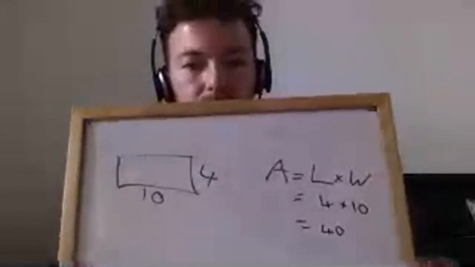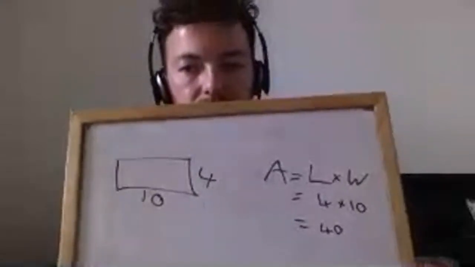So you go. Area equals length times the width, which is in this case 4 times 10, which therefore is 40. All right. So remember, basic 2D shapes, all nice and easy peasy.